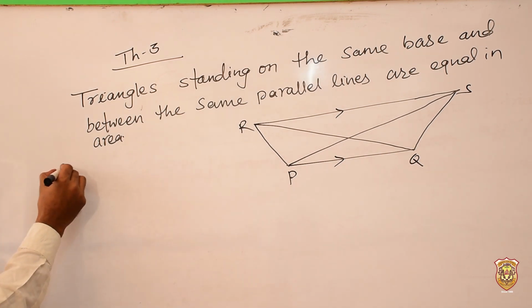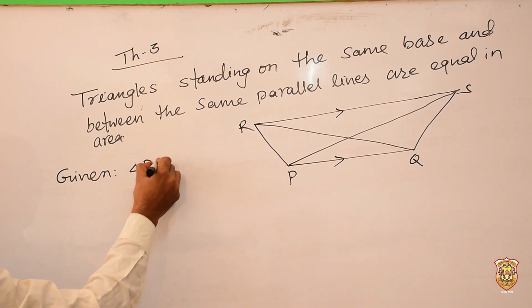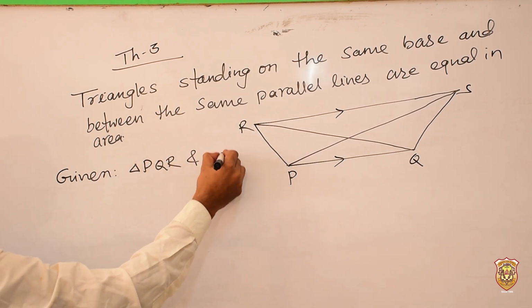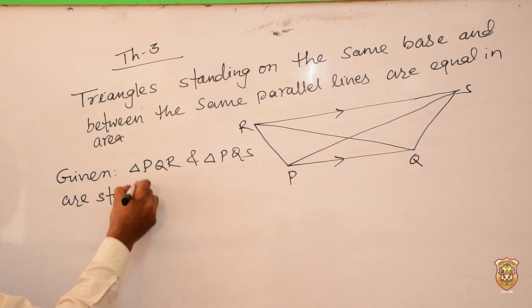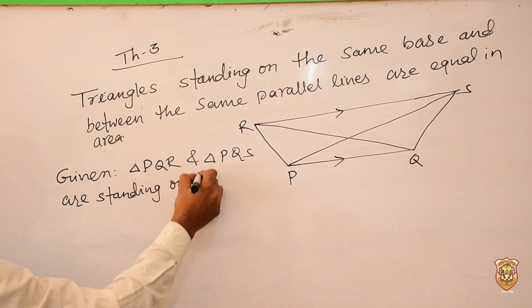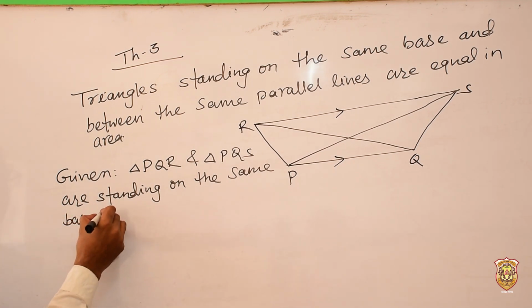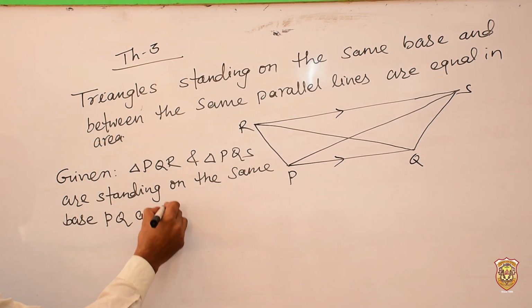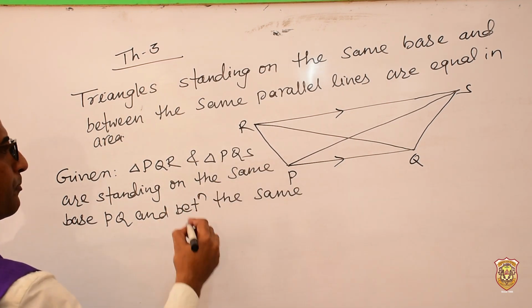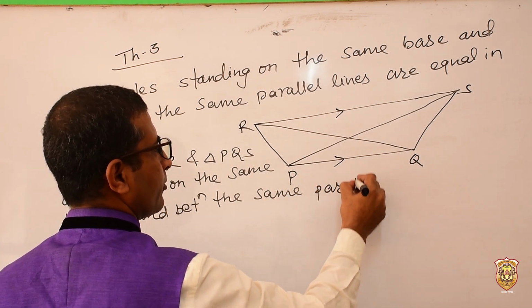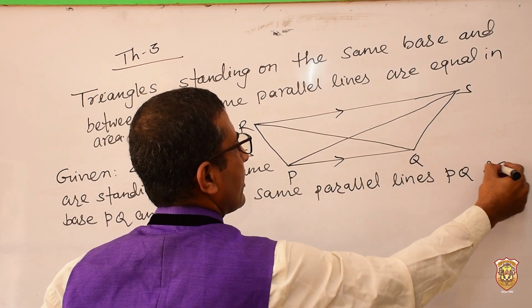We are given two triangles, triangle PQR and triangle PQS, standing on the same base PQ and between the same parallel lines PQ and RS.